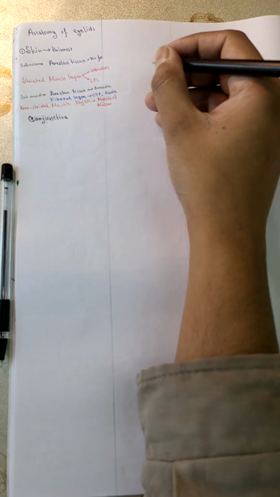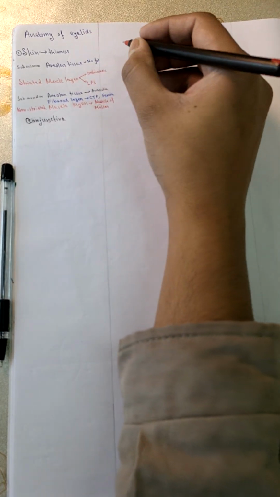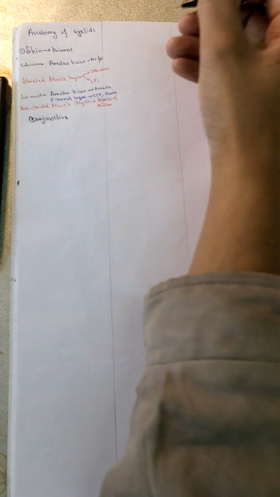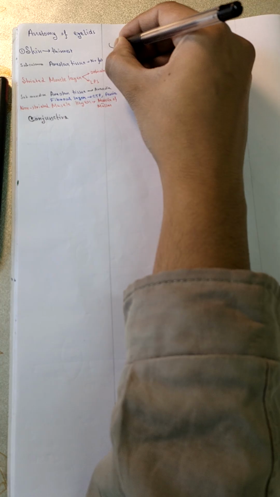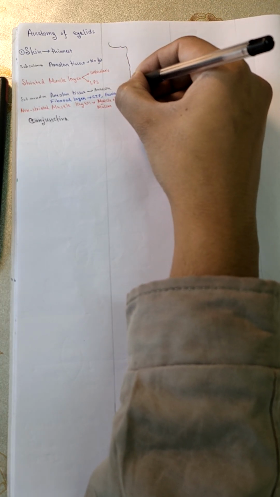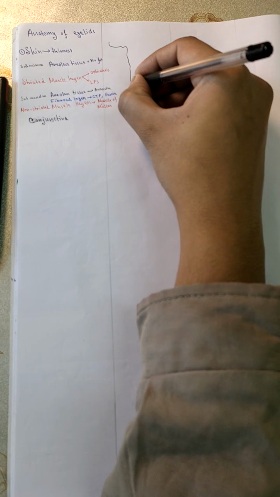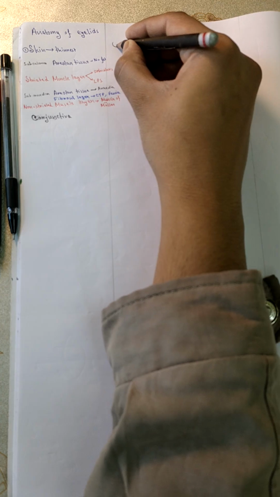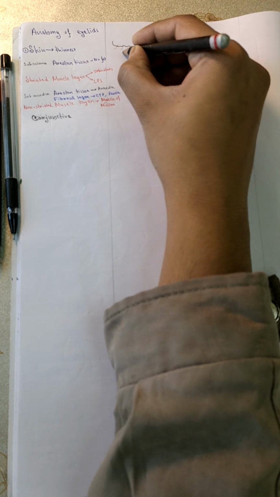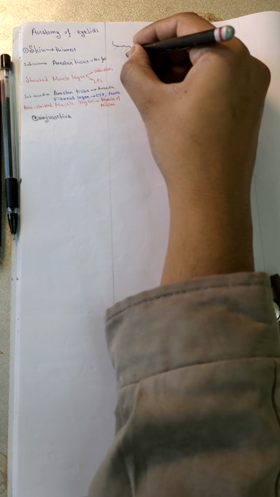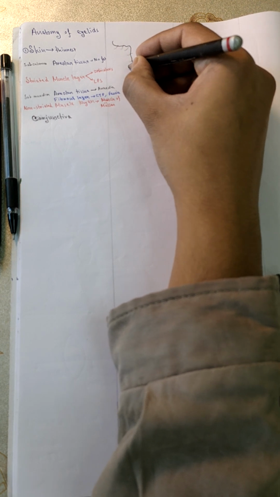Let's draw the picture now. The first one we have is the skin, as the picture is in the book. Using a pencil would have been better because I have to erase some part to make the sweat gland and everything.